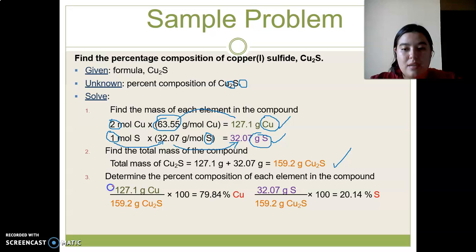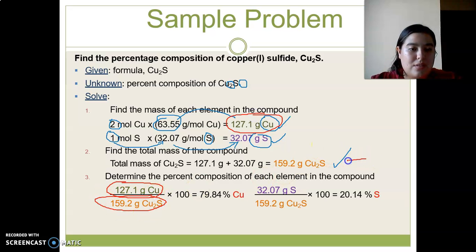So this value is for this value, and this value is for that total mass. Okay, so this answer you have to multiply by 100, and then we have as a solution 79.84%. Okay, so this is the percent composition for copper.